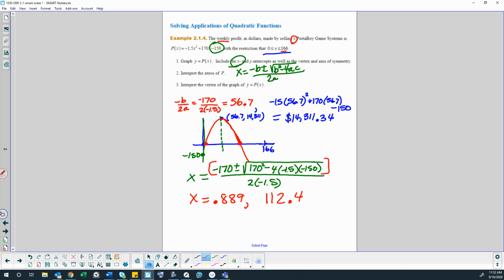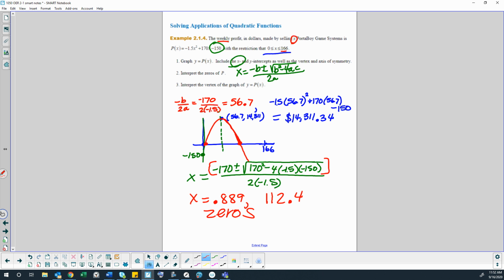When it says interpret, that means take numbers, math, and turn it into real life. Explain what it means. So interpret the zeros. These are the zeros right here. What are those zeros telling us? We're going to make profits for what? Yeah, actually those points are not. That's where y equals 0, right?